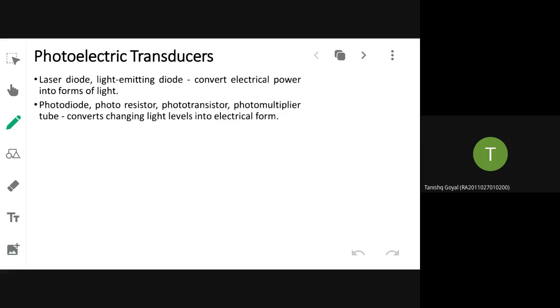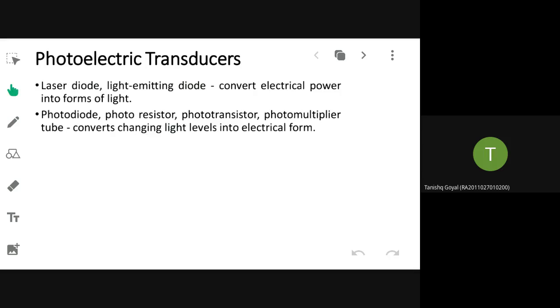Now we'll discuss photoelectric transducers. I have listed out some devices. Laser diode, LED, that is light emitting diode. What type of energy conversion happens there? Electrical to light. Electrical power is the input and the output will be light energy.